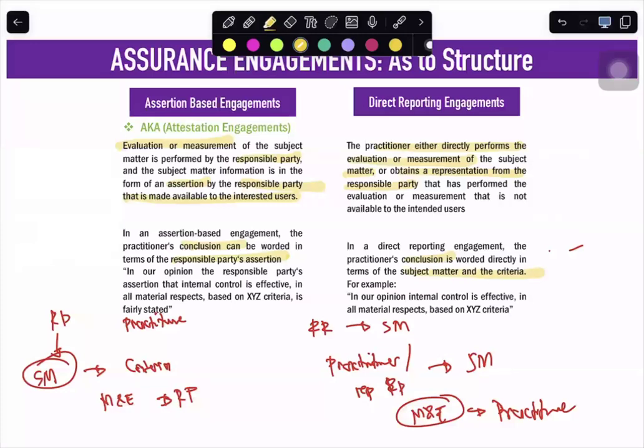However, in our assertion engagement or attestation-based engagements, we first state that the particular subject matter information came from a particular responsible party. So here, our subject matter information has a source. Here, there is none, because in direct reporting we assume that the source came from the practitioner, or it could also be from a particular responsible party.